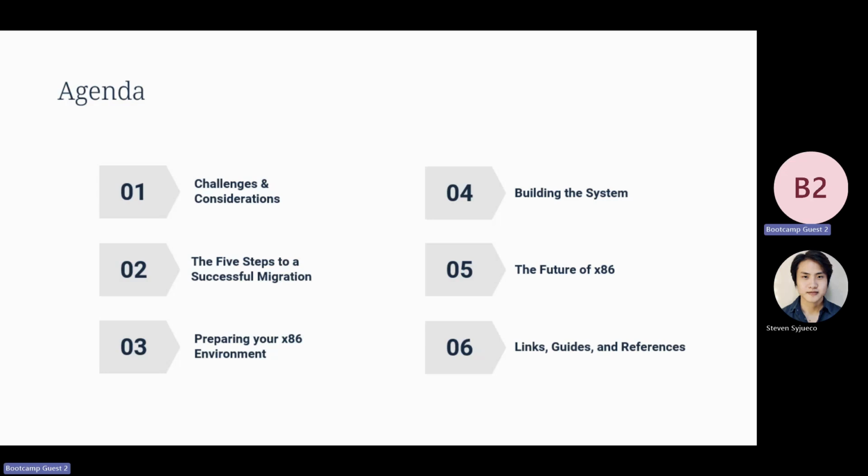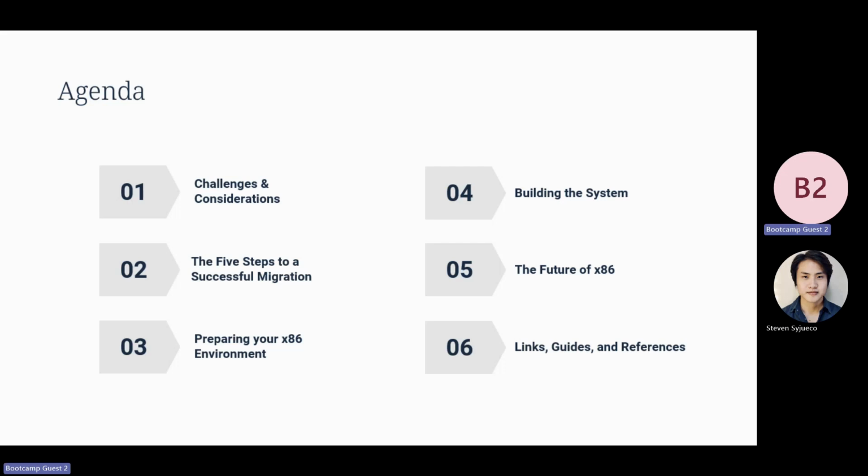So let's get going here. For the agenda, we're starting off with the challenges and considerations you have to consider when you're upgrading your system from Alpha and Integrity. We're going to go over the 5 steps to what we consider a successful migration to be. Next, we talk about preparing your x86 environment, talking about hypervisors, hardware, infrastructure, things in that nature. Next, we go on to building the actual system as soon as you make your choices and prepare your plan effectively.